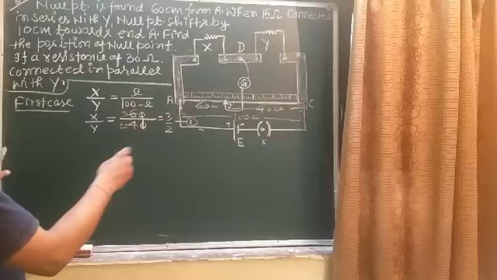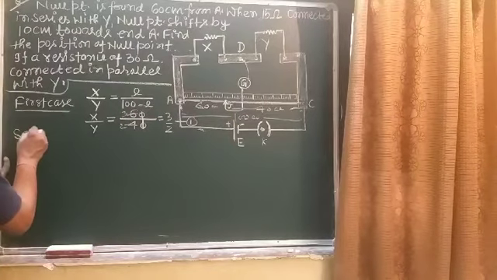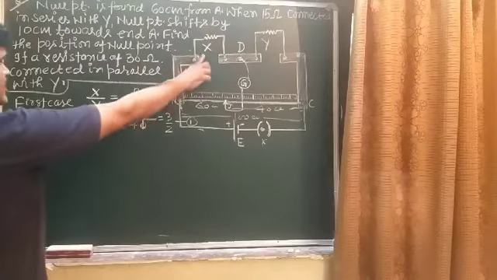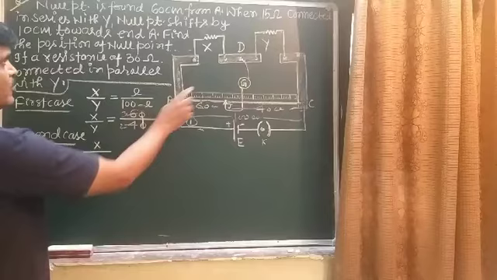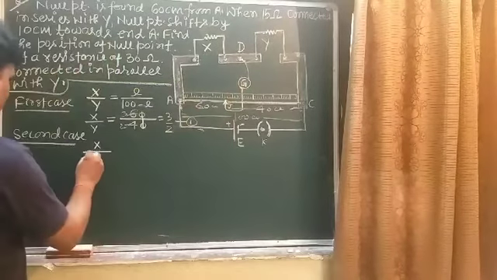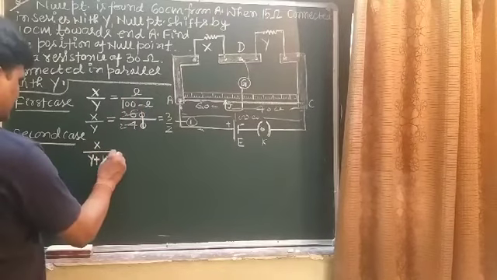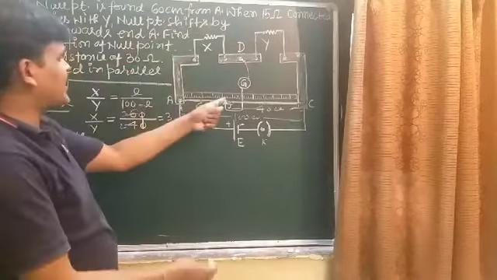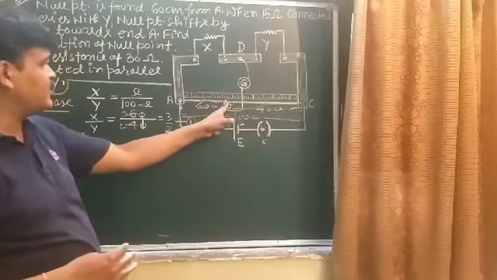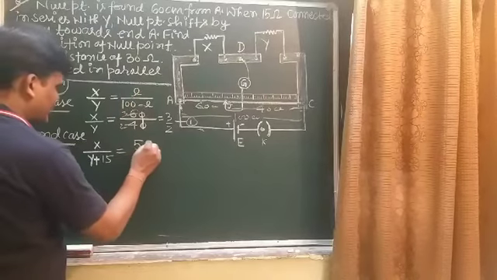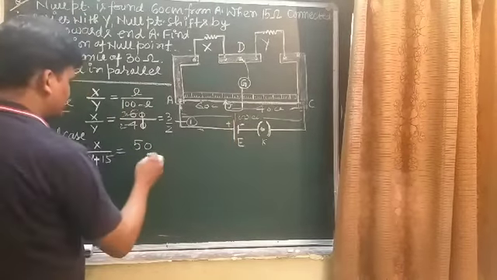In the second case, X will not change, but 15 ohm is connected in series with Y, so the series resistance will be added, and the null point shifts by 10 centimeter towards A. In the first case it was 60, and when it shifts towards A, L becomes 50. Using the same formula, L is 50, so 100 minus L is also 50.